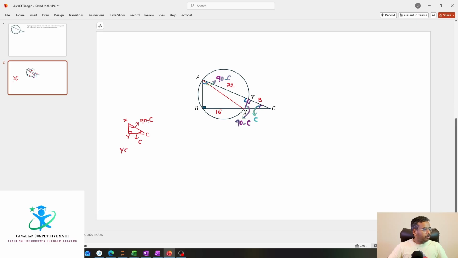YC equal to 3. Right. Now let's take the bigger triangle here. The bigger triangle is, I have C here, B here, A here. So this is 90 minus C.